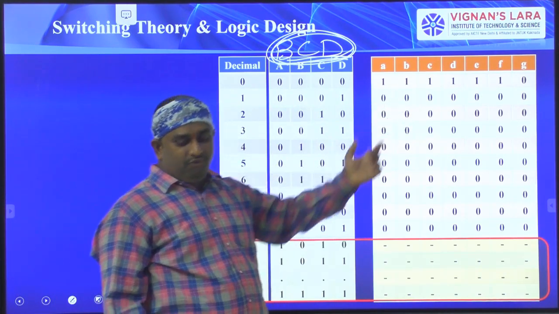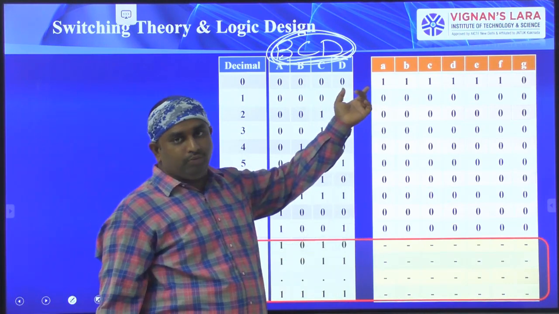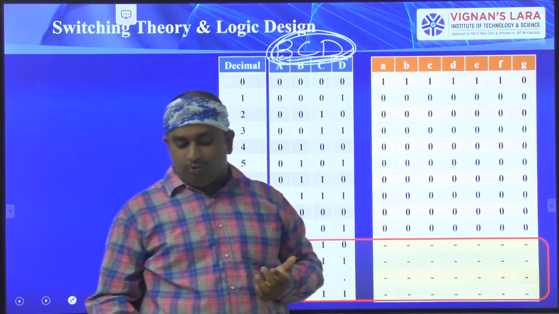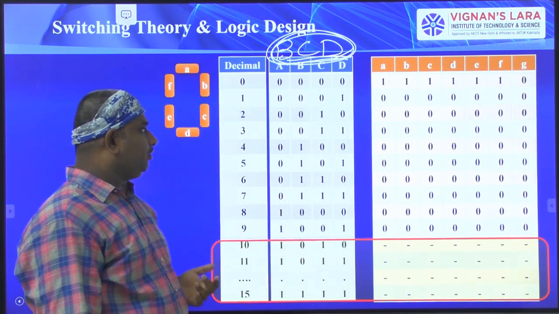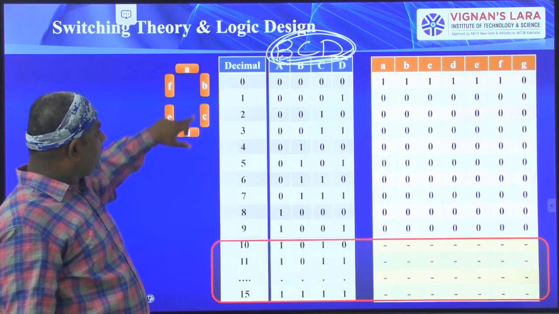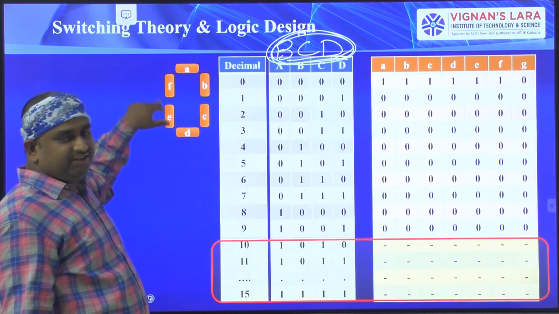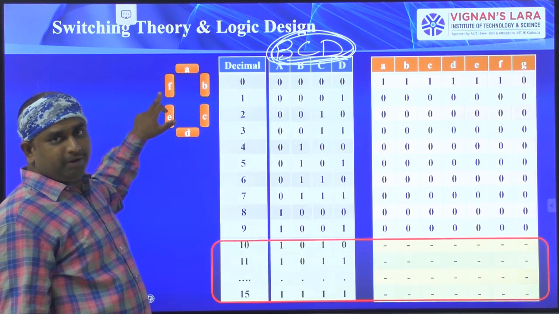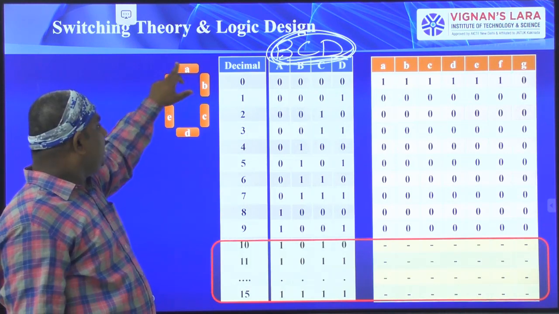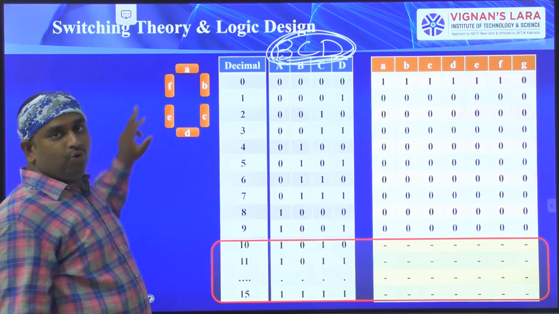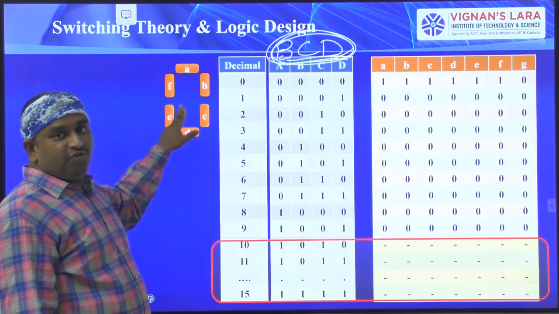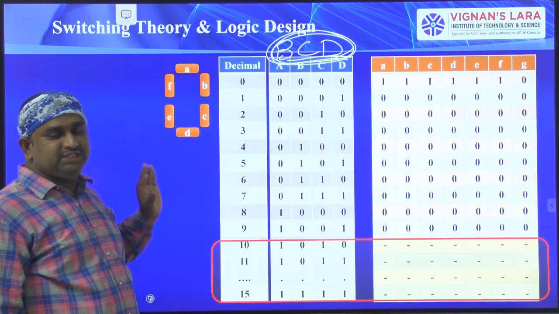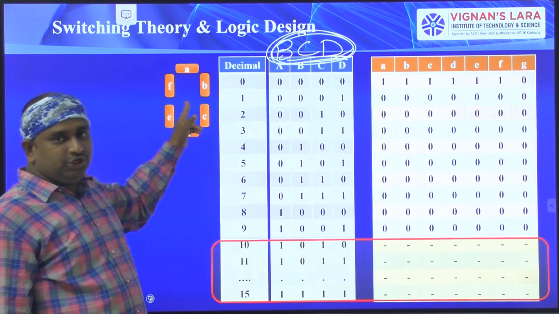Whenever the A, B, C, D values go to these functions, we have to write them down. First, see here, in a 7-segment display we have 7 LEDs in total. For representing 0, A, B, C, D, E, F only are going to be on, and G is going to be off. The 6 LEDs are on and G is off.